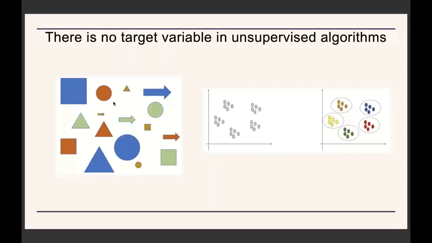So based on the attribute you choose, shape or color or size, you get different results. That means what is important is which attribute you choose to make the clusters, to perform this clubbing, this segregation of data points.